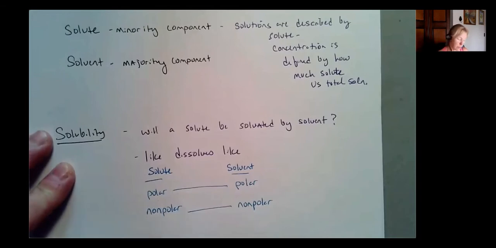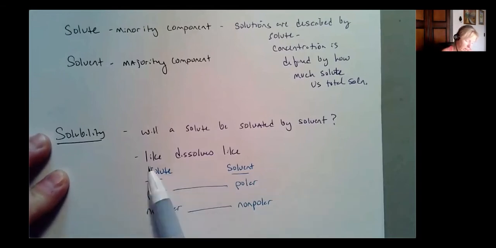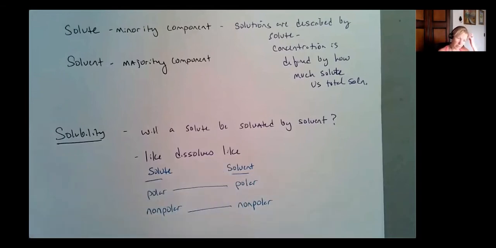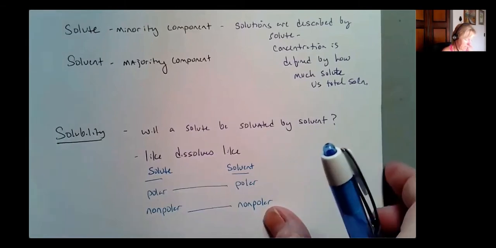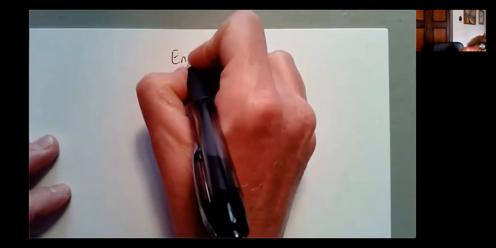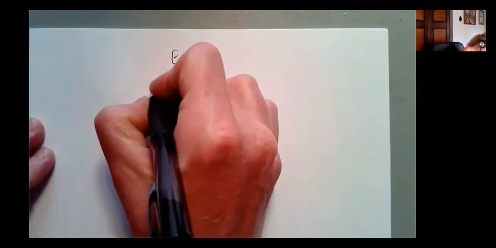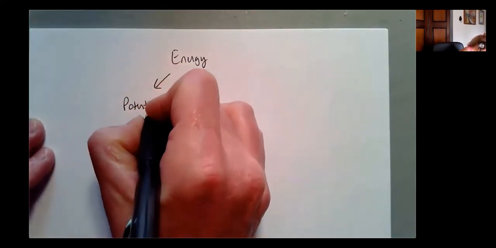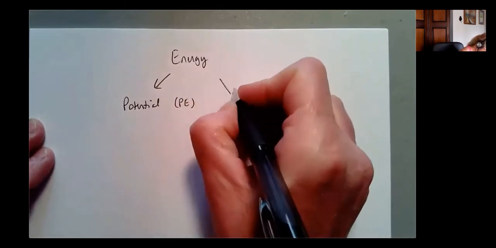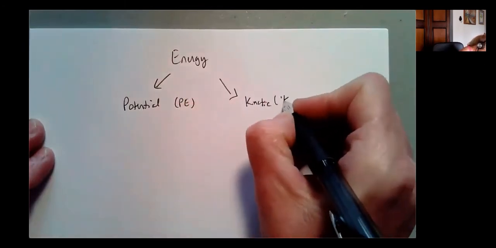Okay, so the first rule is I want to make sure that I have my like dissolves like, and then I'm going to look at what's happening behind the scenes to figure out if something is going to go into solution or not. So before we talk about that, let's review energy. Energy has two main types: potential energy, PE, and kinetic energy, KE.